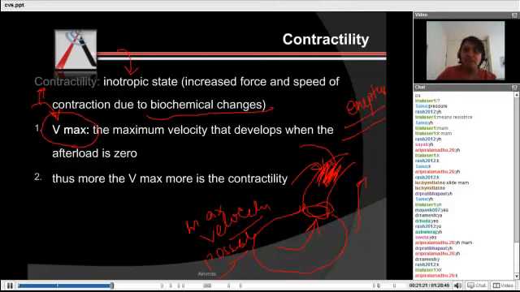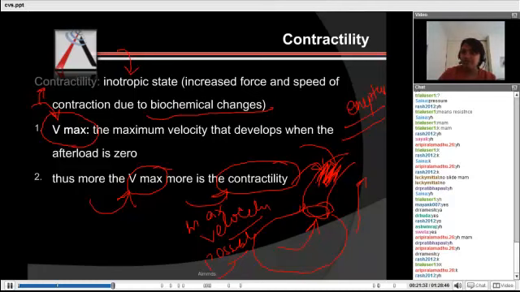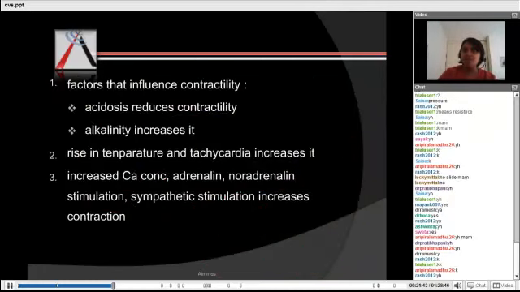So if a particular heart has more Vmax, it has more contractility. So when the Vmax is more, the contractility is more.